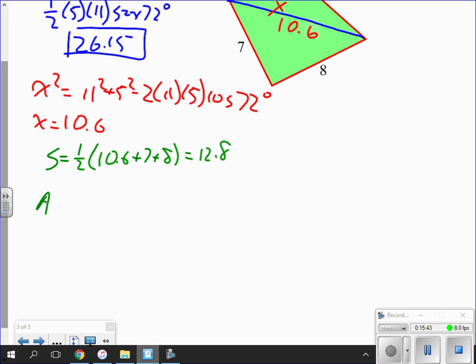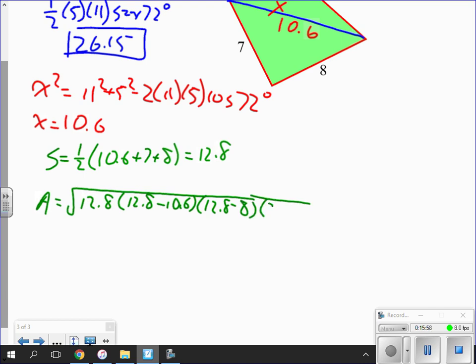So the area of the bottom is the square root of 12.8 times 12.8 minus 10.6, 12.8 minus 8, 12.8 minus 7. And you work all that out, and the area of the bottom half is 27.9999999.